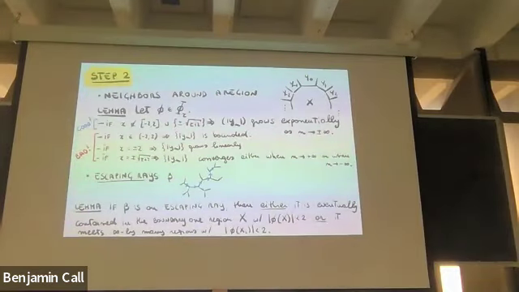Step 2 is what I was saying: you need to study how the traces of curves vary around the region. Here again, you write down, using the edge equation, the general form of the traces.